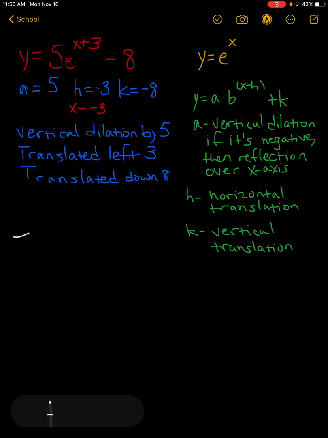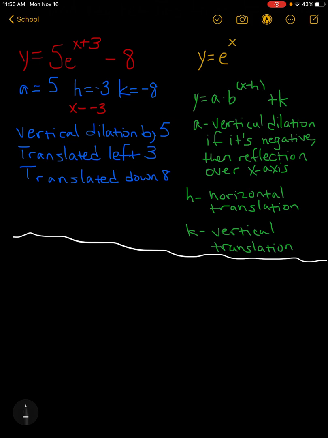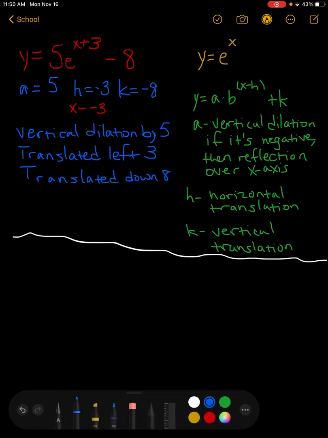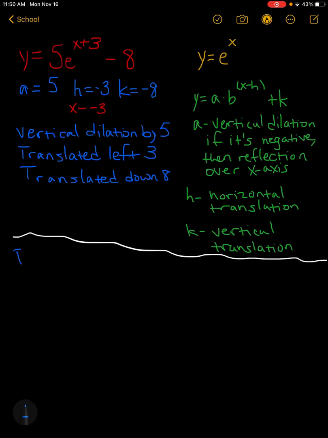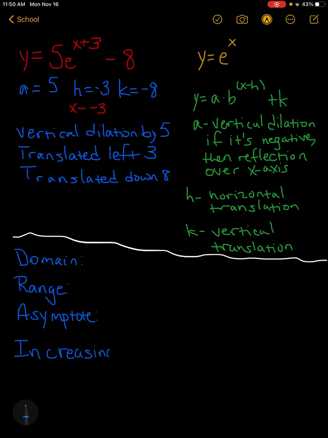Now in terms of doing the key features, we'll go ahead and just kind of separate this. In terms of doing the key features, that means I need to identify domain, range, asymptote. And then I need to come up with either an increasing or decreasing intervals.